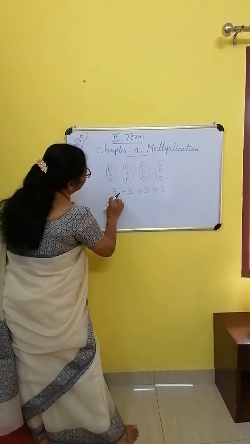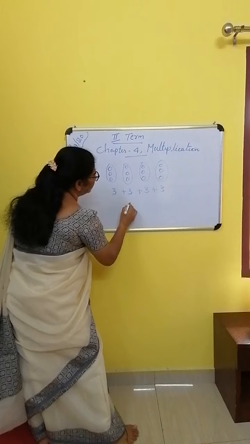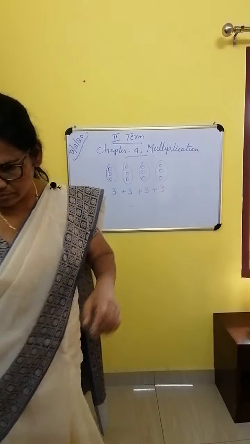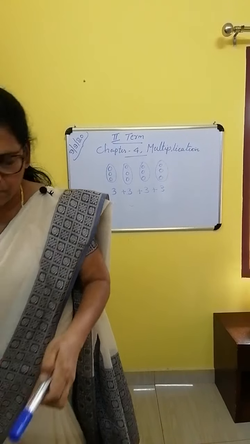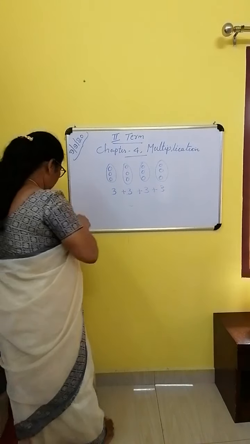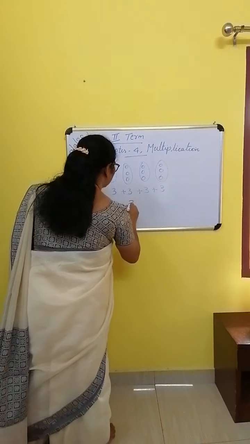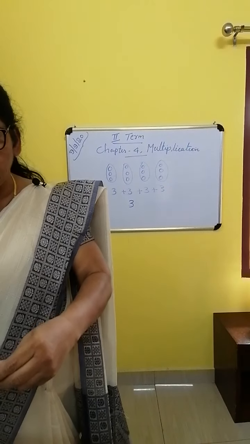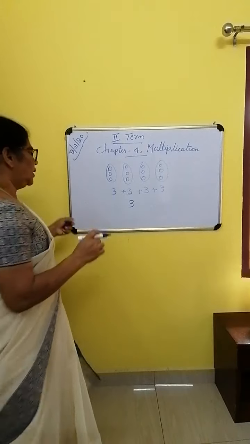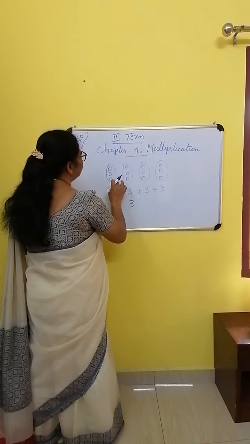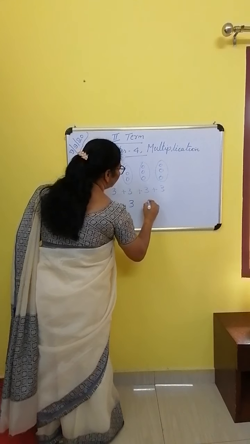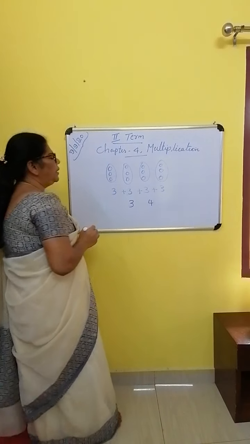The number given is 3, so write 3 first. Then how many times is it repeated? 1, 2, 3, 4 times. So 4 times it is repeated.